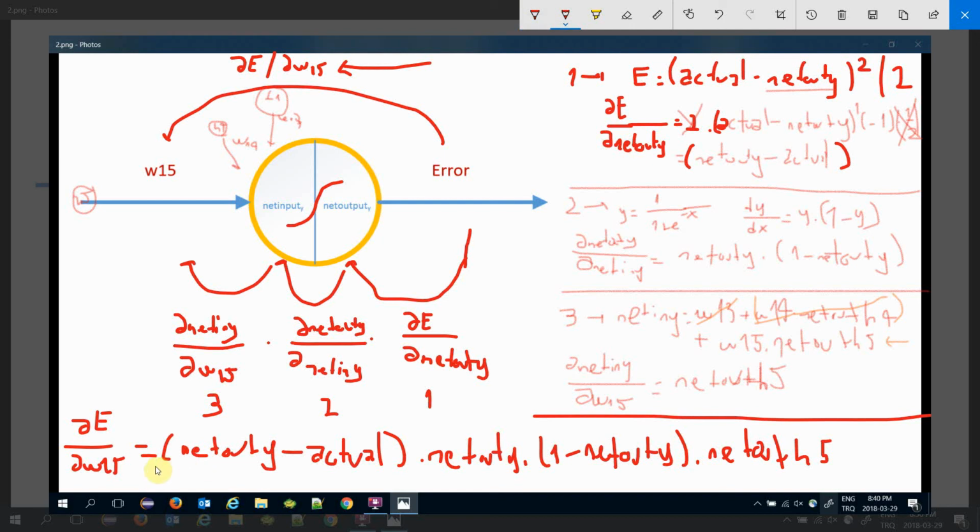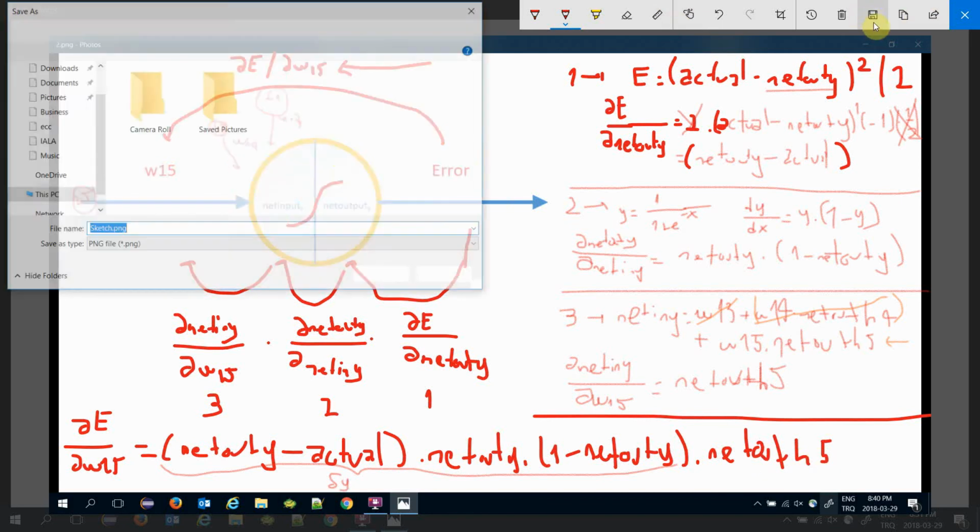Notice that we can call all of these terms sigma H5. Sigma H5 times sigma Y times net output H5.